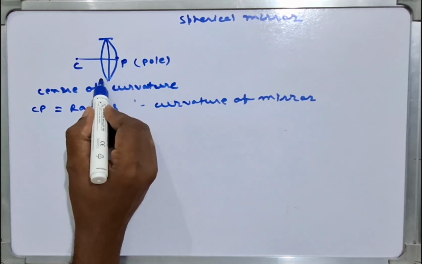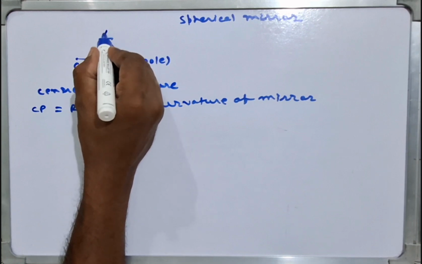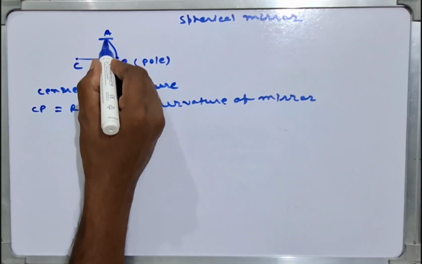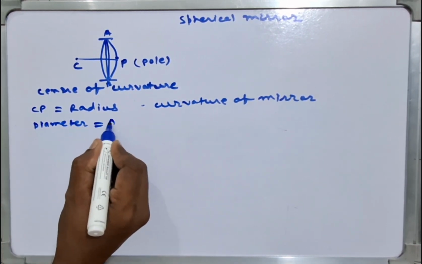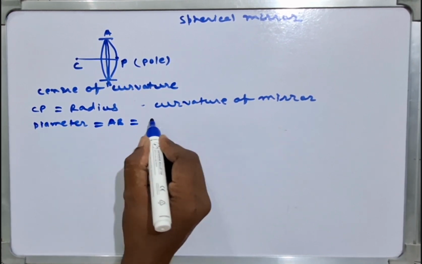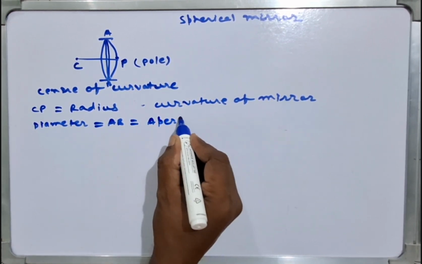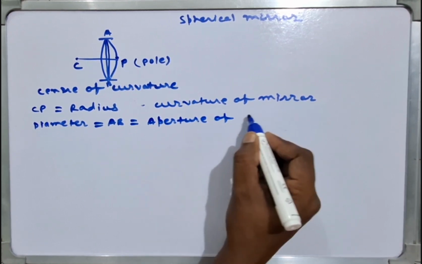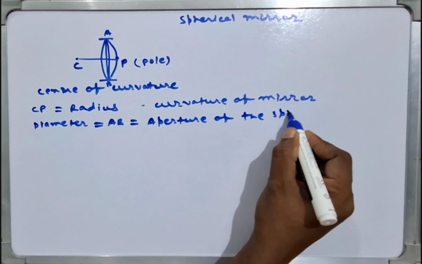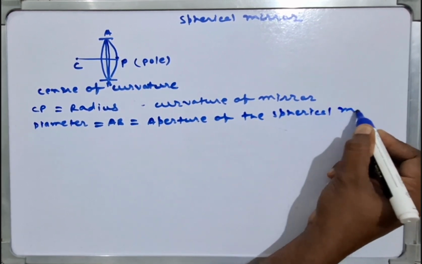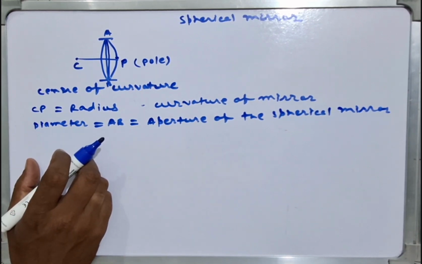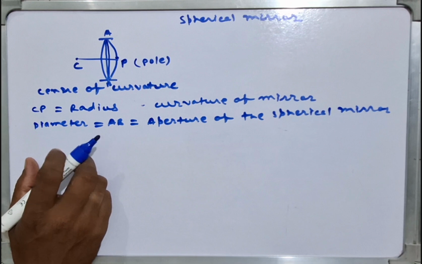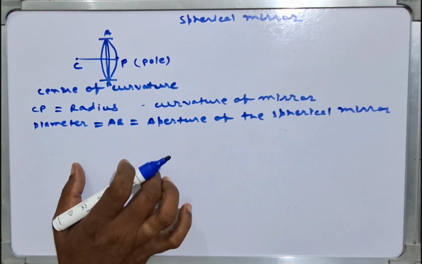Suppose this one is A and this is B, so the diameter AB is known as the aperture of the spherical mirror. Now the aperture size is very small compared to the radius of curvature of the spherical mirror.